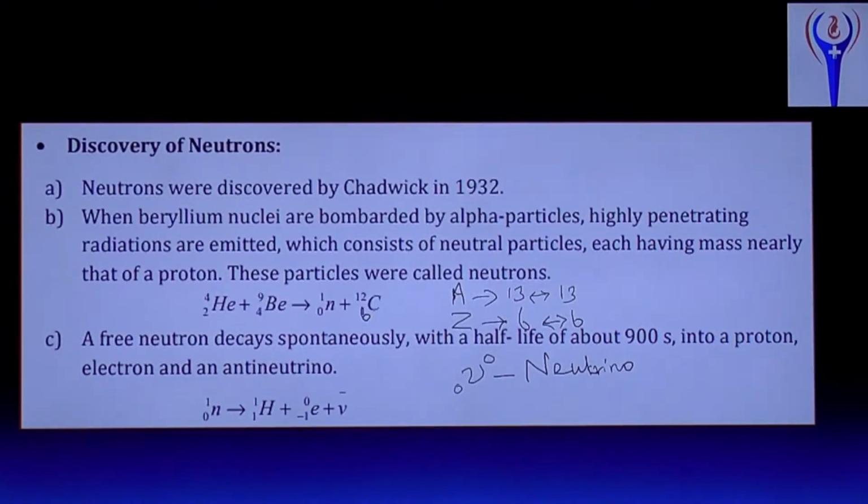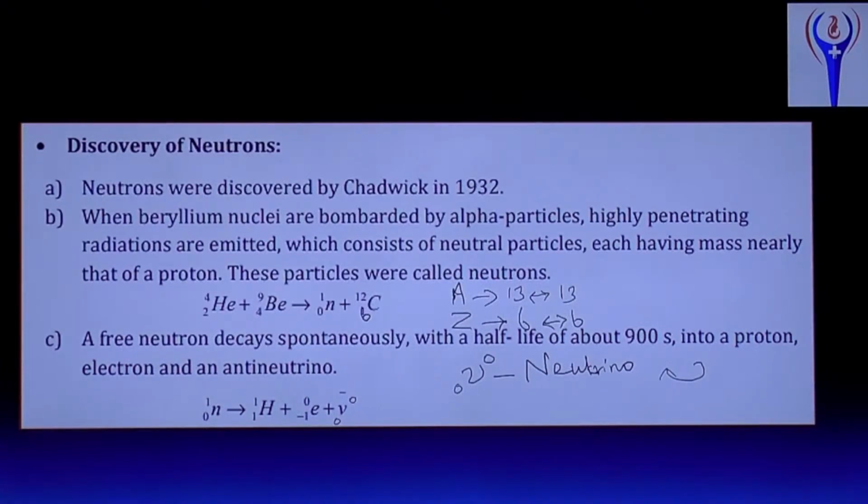The only difference is, for example, if the neutrino's spin is in the clockwise direction, then the antineutrino will be in the anti-clockwise direction. Nu bar is also 0, 0 only. Charge 0, mass also 0. Both neutrino and antineutrino are chargeless and massless particles. Okay.